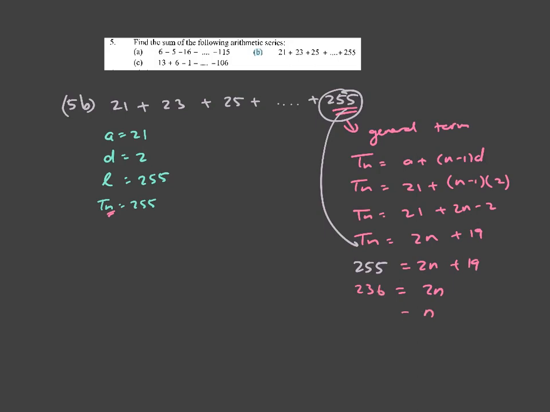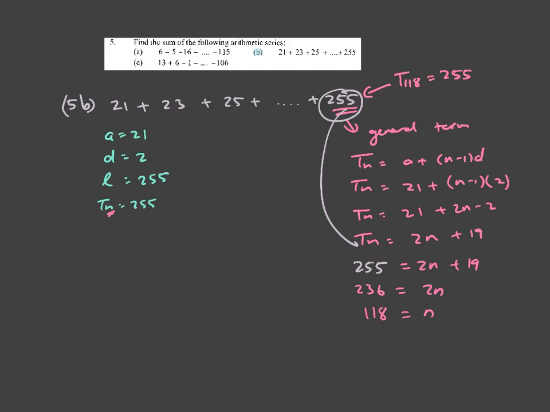Then that divided by 2 is equal to 118. So in other words, what we saw now is the term 118 has got a value of 255. So this sequence climbs very slowly, just 2 at a time. Every single one is just increasing by 2.